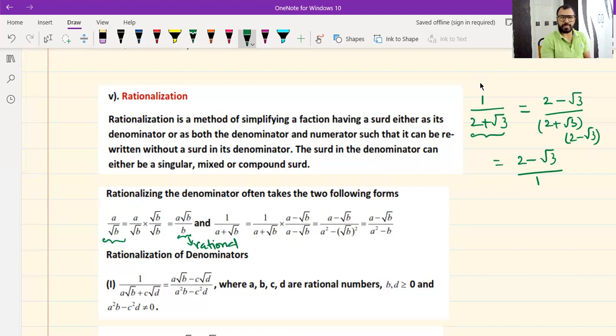Or 1 by a plus root b is there. So multiply by its conjugate. What is the conjugate of a plus root b? A minus root b by a minus root b. That we get a minus root b by the denominator a square minus b. This is a rational number.